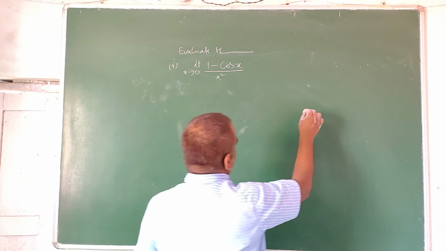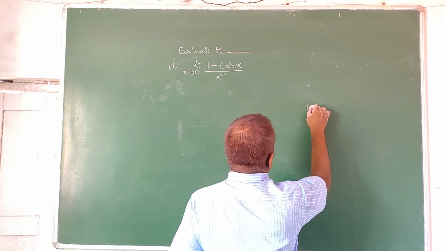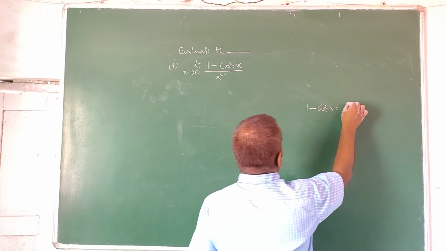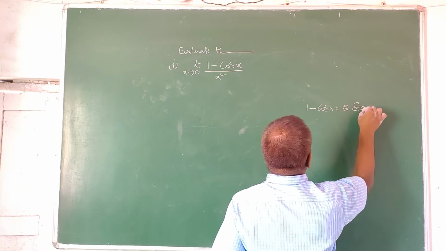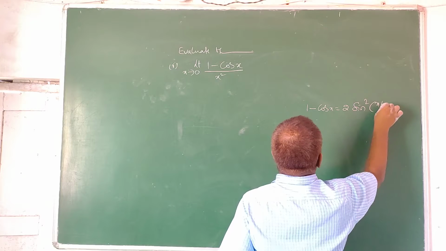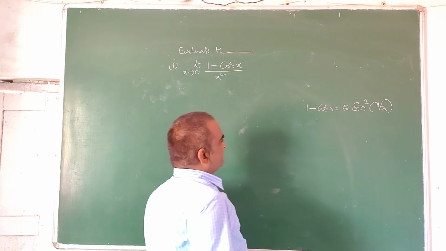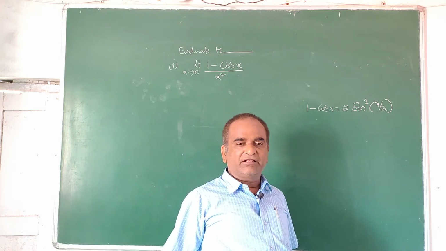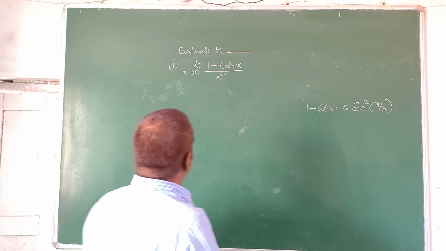From trigonometry you have a formula: 1 minus cos x is equal to 2 sin squared x by 2. Do you remember this?